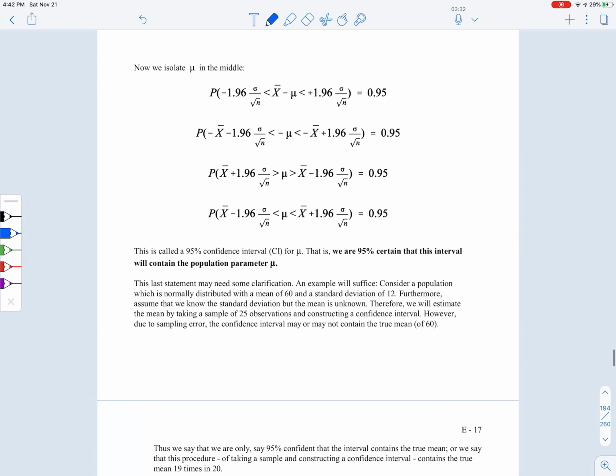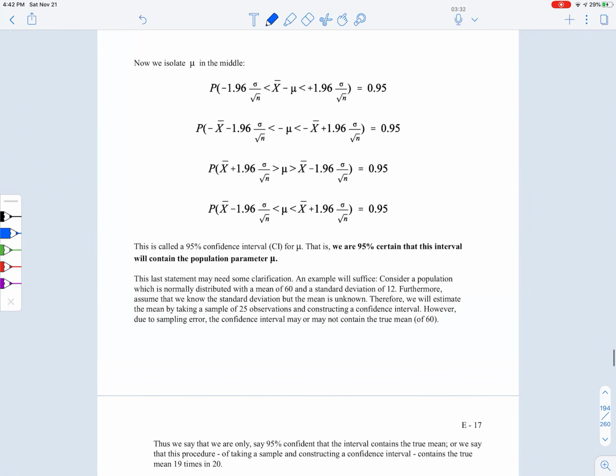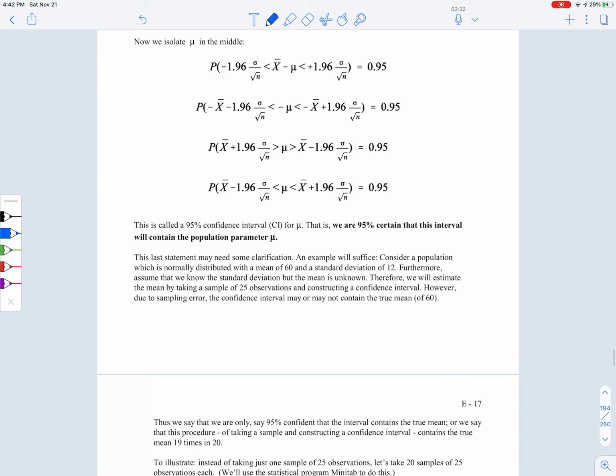So I've just done a little algebra here, taking stuff over to the left and right, and that leaves us with this. And this is called a 95% confidence interval for mu. What we mean by that is that we are 95% certain that this interval will contain the population parameter mu.